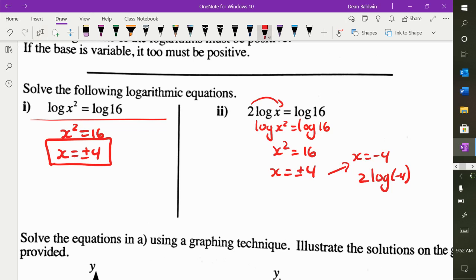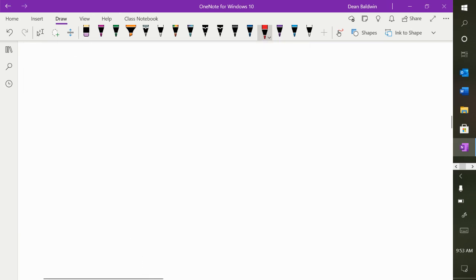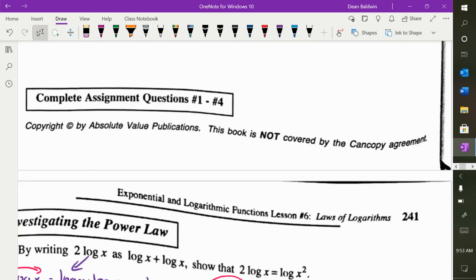So, this doesn't work. Nope. Therefore, x only equals 4. This one, if I put either one in here, put positive 4 in, that works. If I put negative 4 in, square a negative, you get a positive. So they both work in this case. So you need to check it with the original. Okay? Not once you... Whoa.